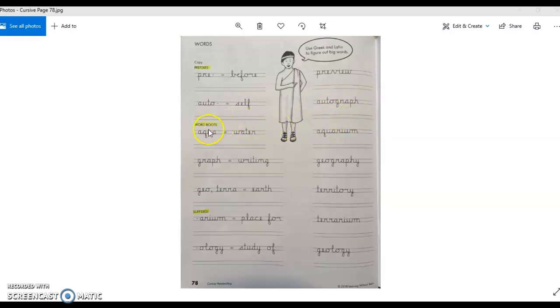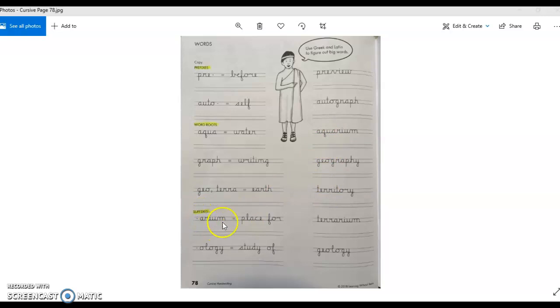And then for roots, we've got aqua equals water, graph equals writing, geo, comma, terra equals earth. So I believe geo is the Greek version of earth and terra is the Latin version of earth. And so we've got some words over here on the right that use these roots. I'll go ahead and jump in and do the suffixes here too.